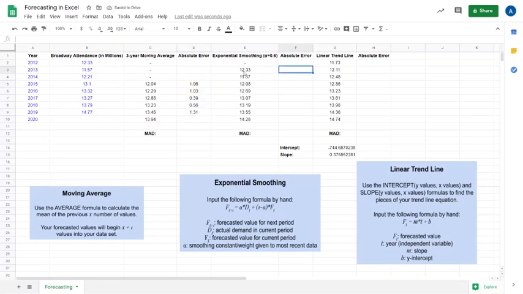So everywhere that I have a forecast value, I'm going to take that forecasted value and subtract away the appropriate data point, and then just drag that down the column up to 2019. The same thing for my linear trend line. Drag that.